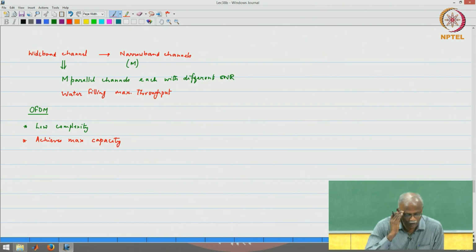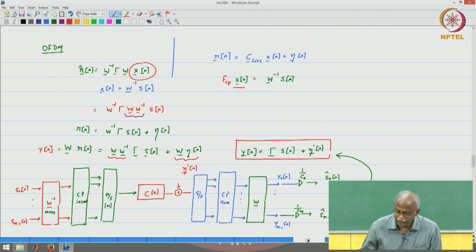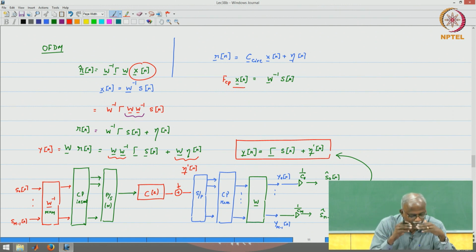It turns out that what we generate after we do the inverse DFT is as if we are adding many parallel channels, right? Basically all of them are modulated, and the peak to average variation is very large.